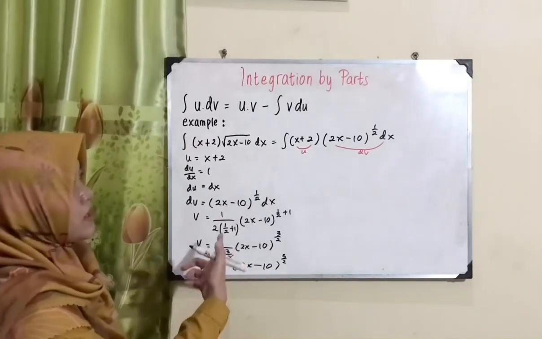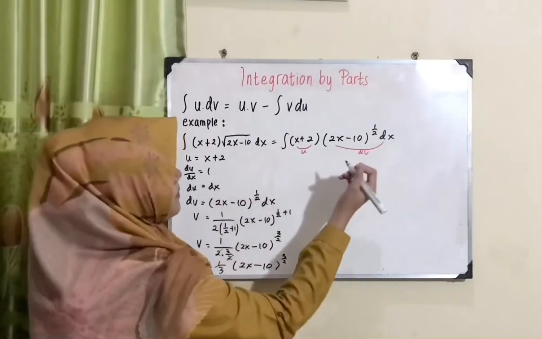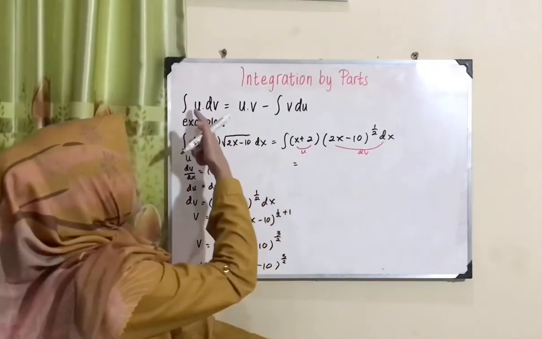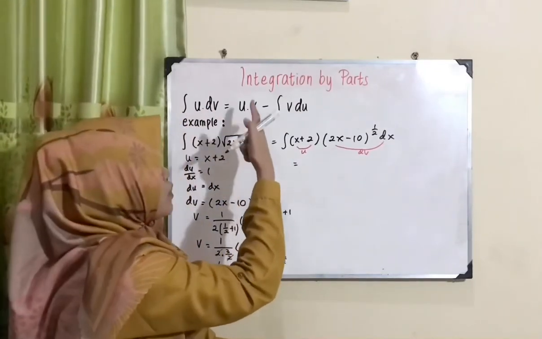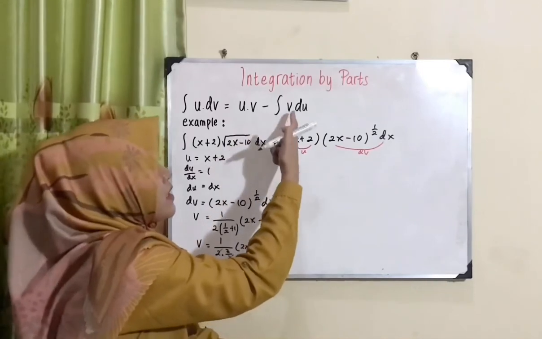After that, we substitute here. Okay, the integral of u dv is equal to uv minus the integral of v du.